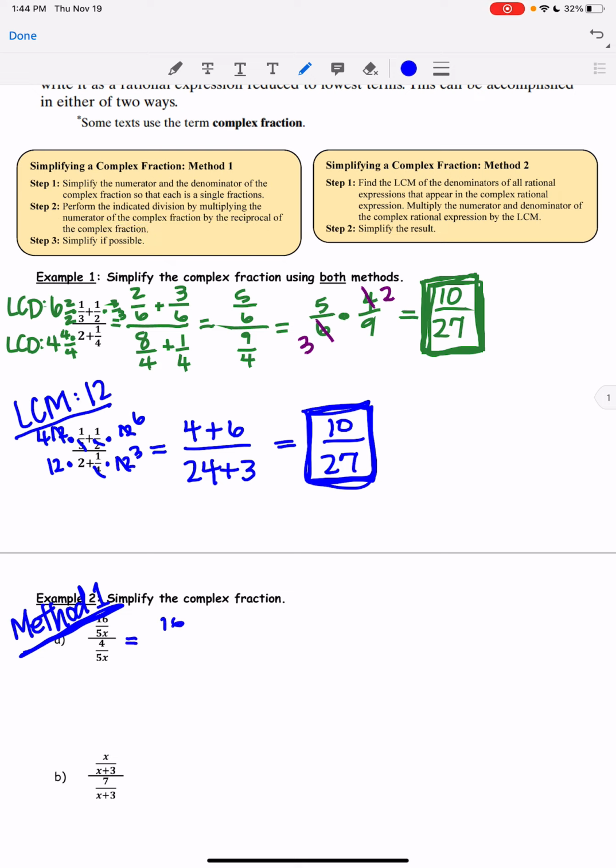So this becomes 16 over 5x times 5x over 4. We're flipping that one. That's the reciprocal. So now these cancel, and I just have 16 over 4, which is just 4.